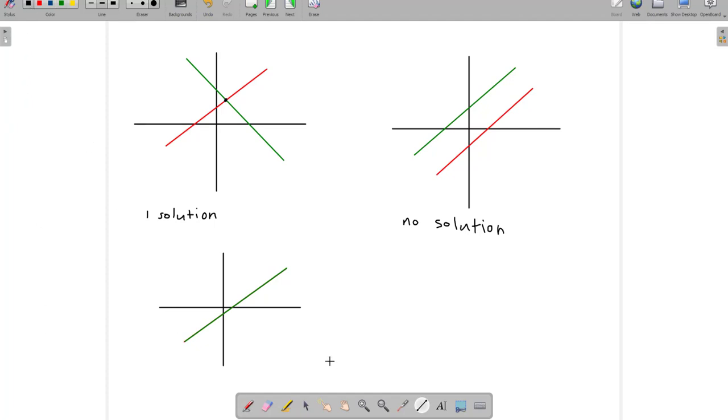Then that means that we have infinitely many solutions. So these are the cases that you will probably run into.